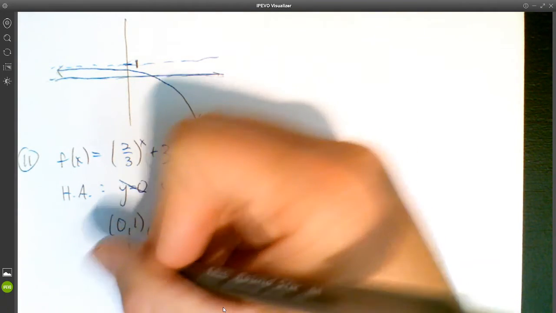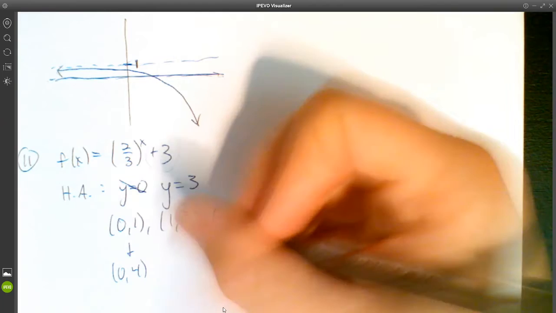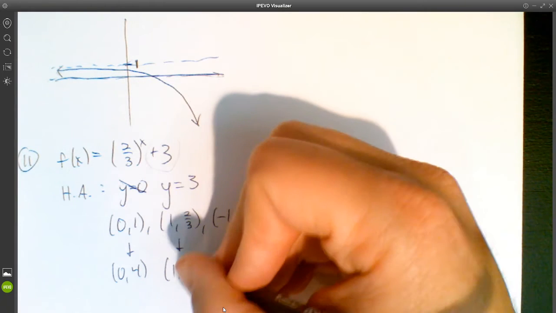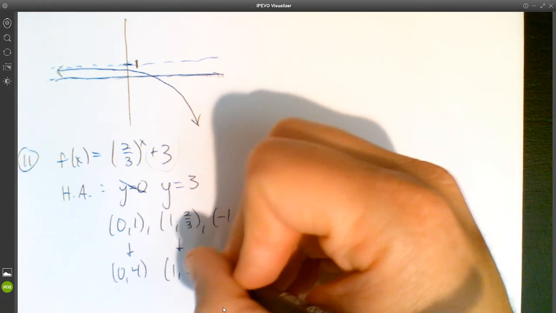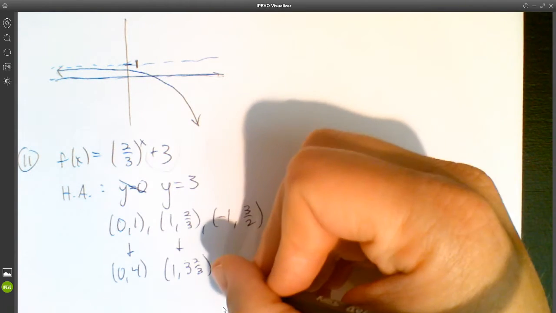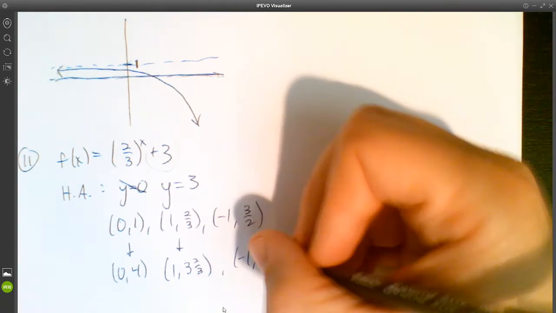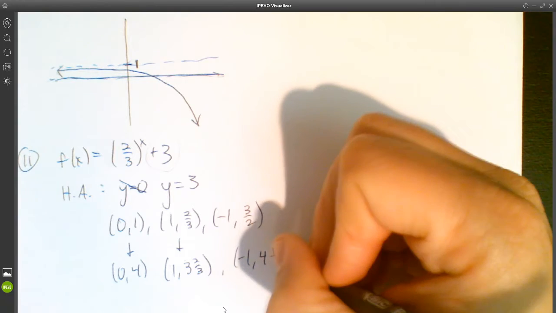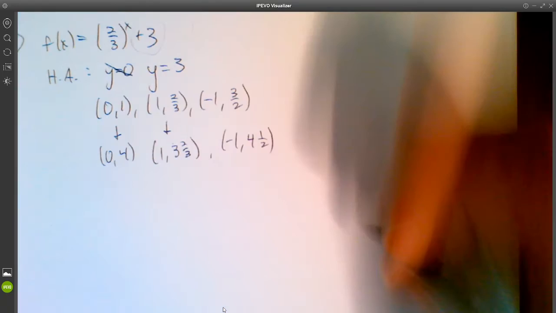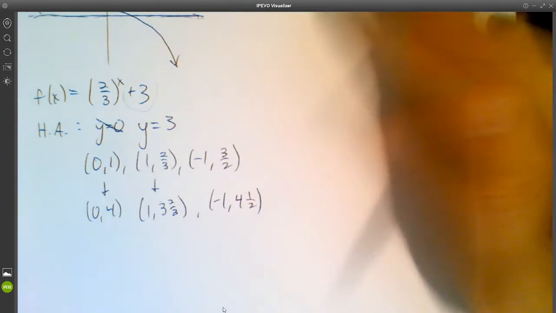That means all of these points need to be shifted up 3. So (1, 3 and 2/3), and then (negative 1, 3/2 plus 3): 3/2 is 1.5, so if you shift it up 3, you're going to be at 4.5. Okay, so we can get a pretty good picture of this now.